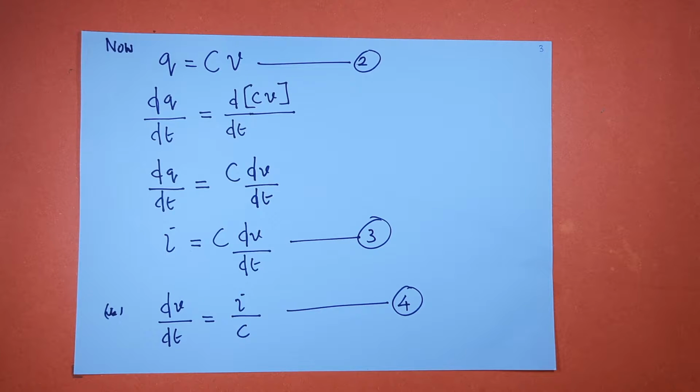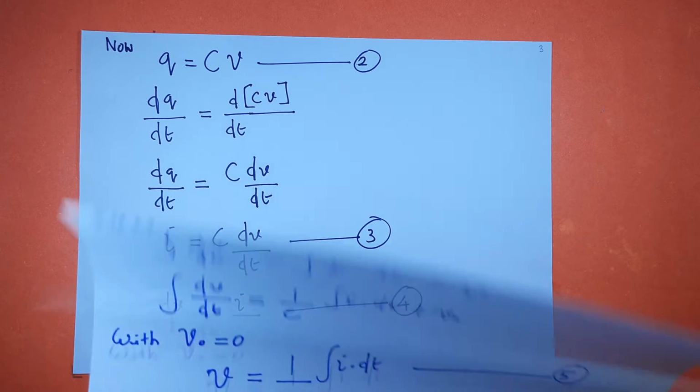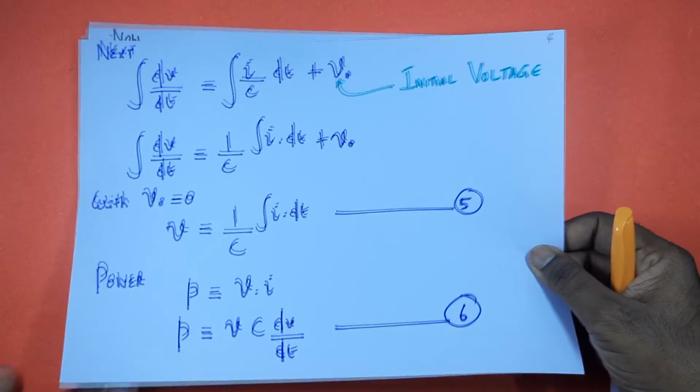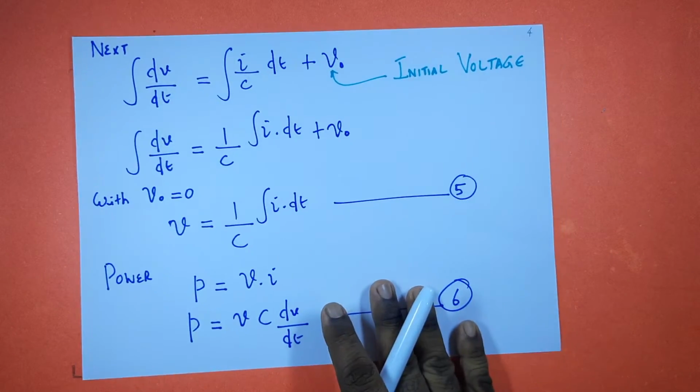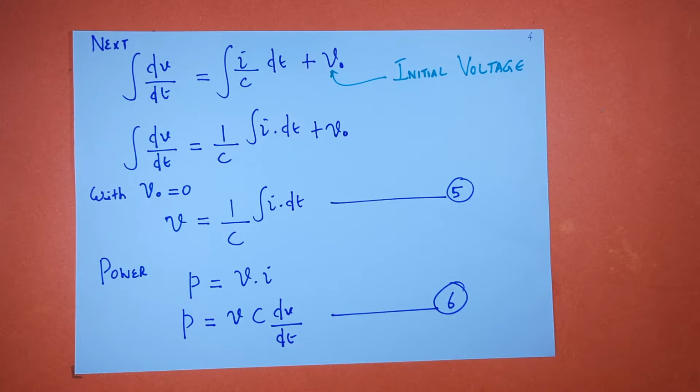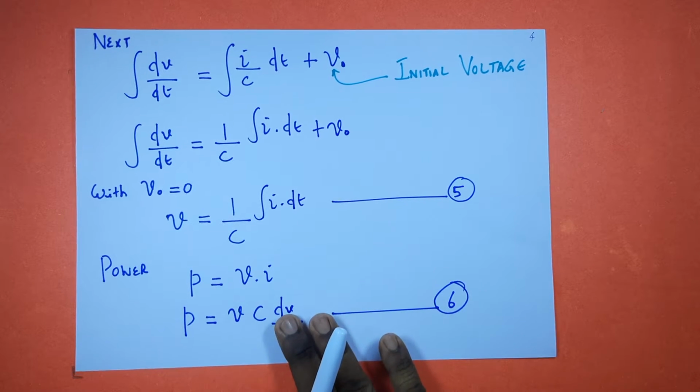So that is nothing but current I. So I equal to C dv by dt. This you can call equation number 3. From equation number 3, dv by dt equal to I divided by C. This you can call equation number 4, right?